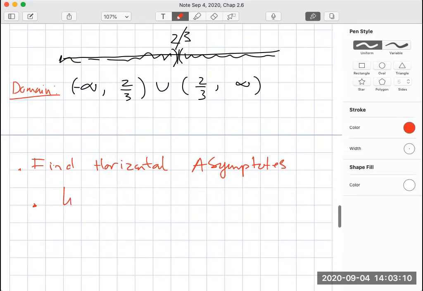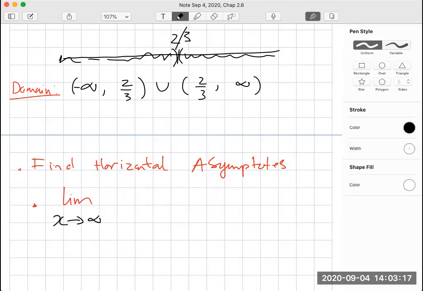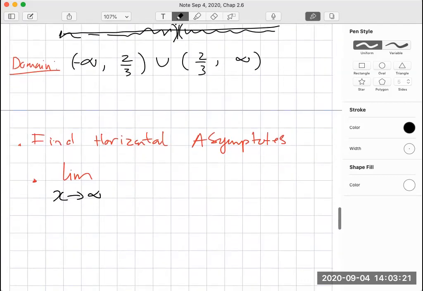The first one is the limit when x approaches infinity of f(x). In this case, it is the square root of x squared plus 1 divided by 3x minus 2. Okay, this is the problem.